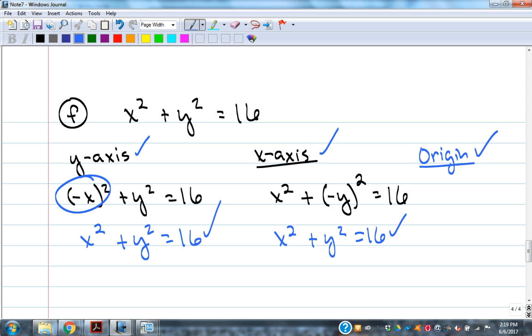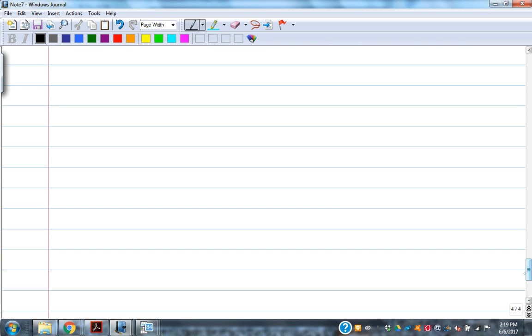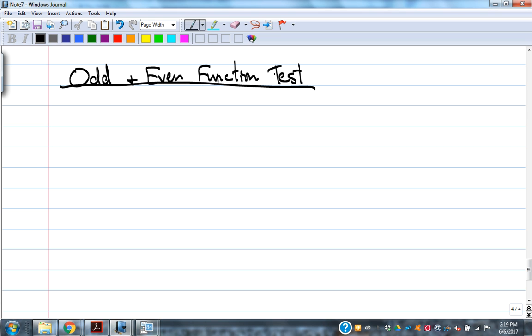Okay, now since we did the negative x thing, that opens up this thing with the odd and even functions, and this is the last thing: odd and even function test. It's the same as y-axis symmetry. Plug in negative x.